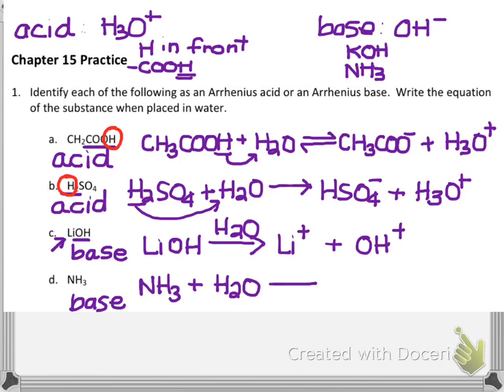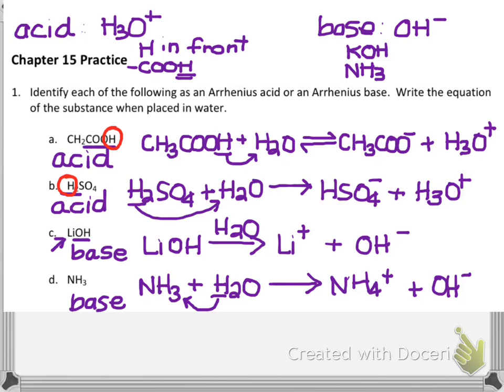And so what happens is the hydrogen, the H+ in the water, will react and go to the ammonia. So then ammonia becomes NH4+, and then the water is left with OH-. And I was just looking up above. This is not a plus, that's a minus.